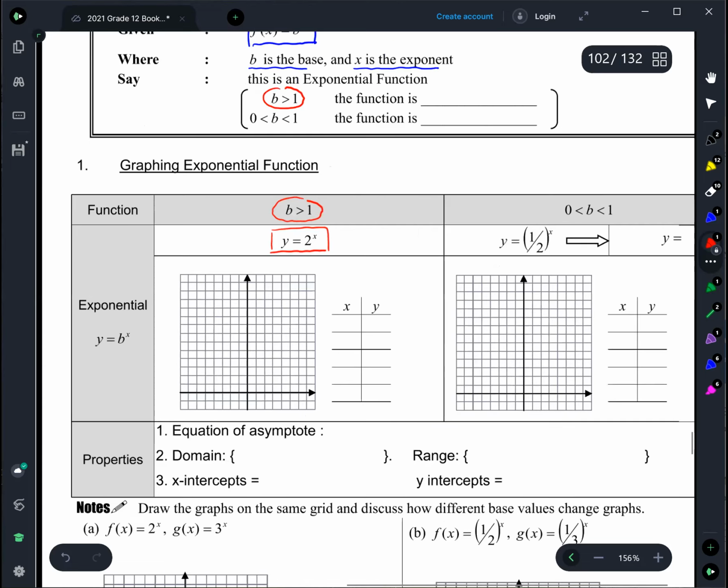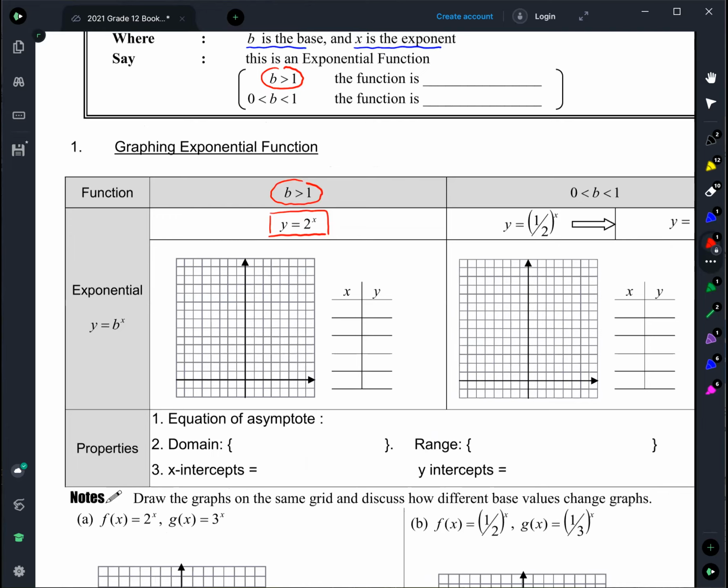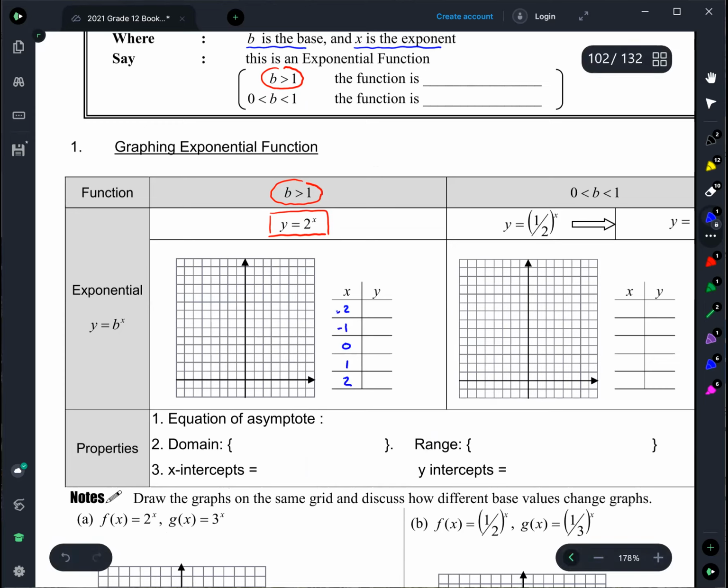So you take an input, right? Use any x, plug it in, and find the y value. But I'm going to choose some x values that are negative. Like -2, then -1, then 0, 1, and 2. So you have some points on the left side, some points on the right side as well.